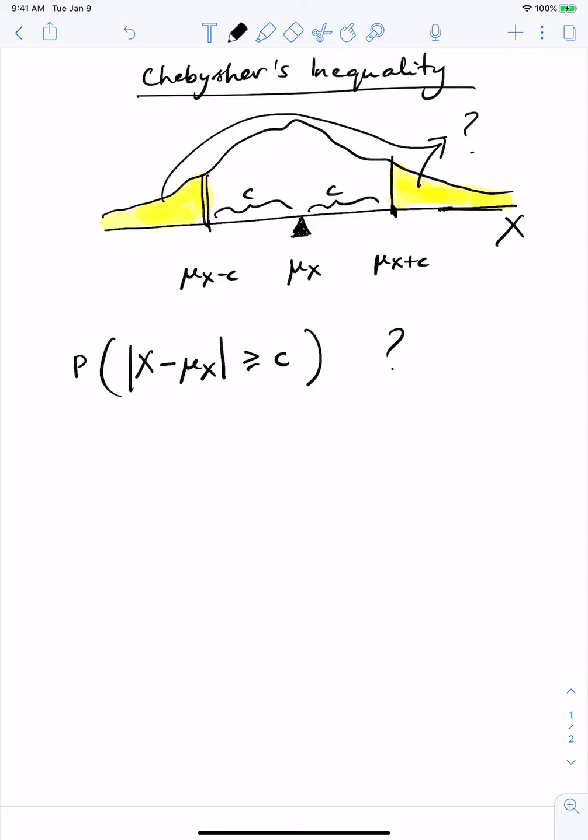What we're going to do to find this is use what we have. We actually don't have properties of the absolute deviation, but we do understand very well the squared deviation.